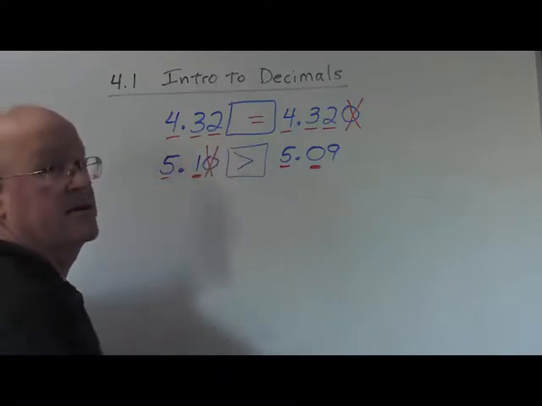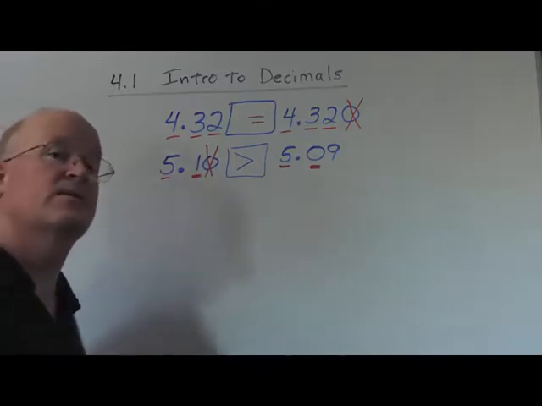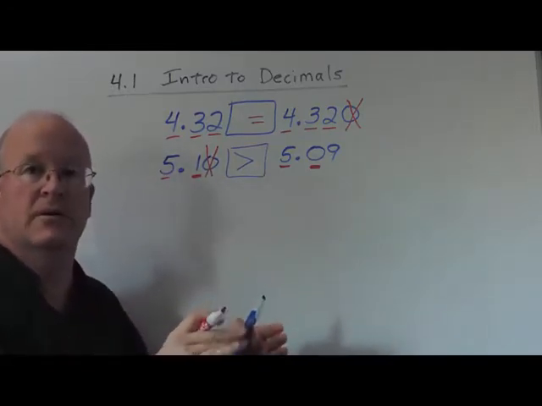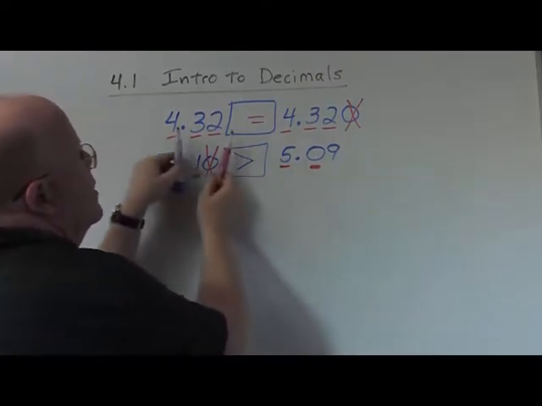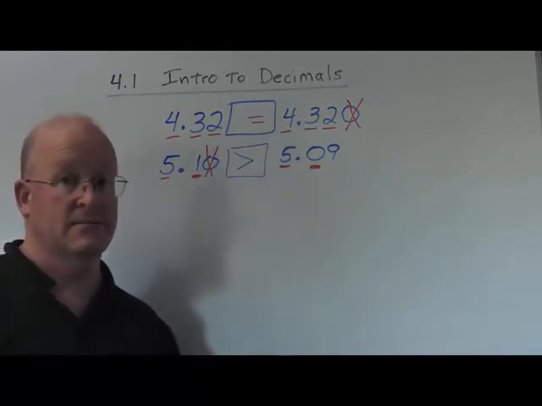It's an insignificant 0. 5.1 is greater than 5.09. So it is a position by position comparison. We do not look at 10 and 9, 32 and 320 when we're making these comparisons.